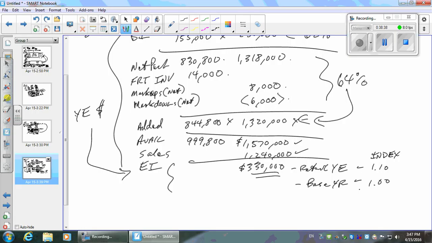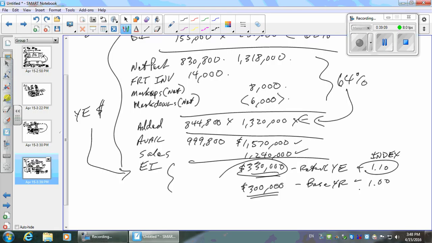Divide 330 by 1.10. Does that make sense? So what do I have in base year dollars? 330 divided by 1.1 is 300. It would have cost me $300,000 at the end of last year to buy what 330 costs now. Got it? Because it went up by 10%.